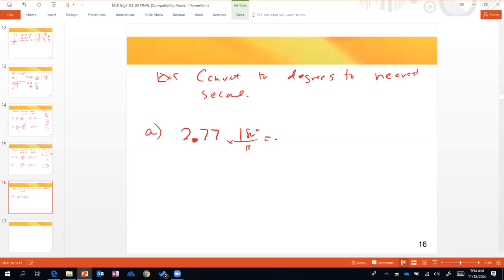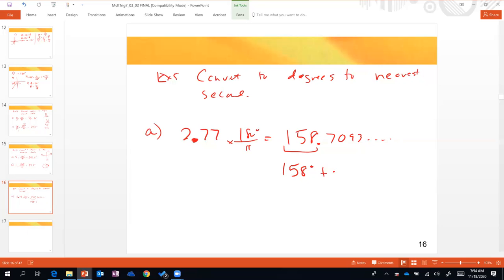What does that give us? 158.7, and then some more numbers there, 7093. Perfect. And it goes on and on, right? So converting to the nearest second here, we take out the 158. That's going to be our degree value. If you're doing it by calculator, just subtract off the 158, and whatever you have left over, multiply that by 60.